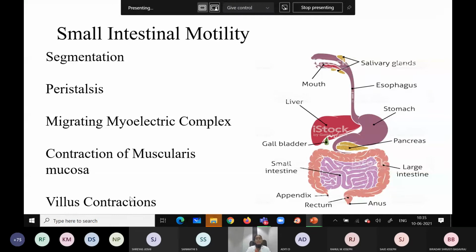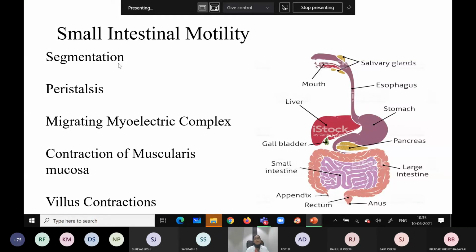Okay, so these are the different types of small intestinal motility, that is segmentation movements. So this means different segments will be formed in the intestine. Peristaltic movement is a propulsive movement. Segmentation movement is a mixing movement.